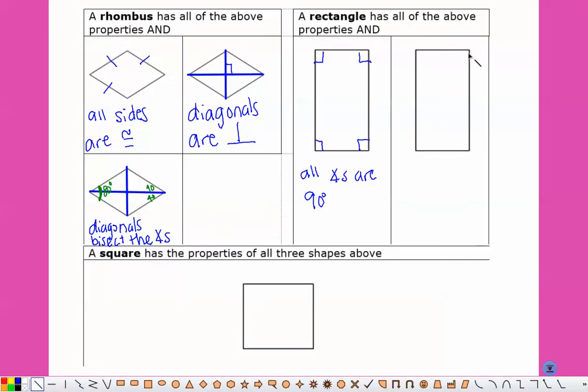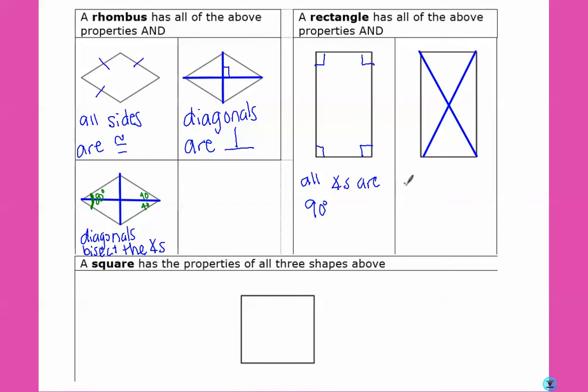And then our special rule for the diagonals of a rectangle is that they are congruent. So this piece is equal to this piece, which is also equal to this piece and this piece.